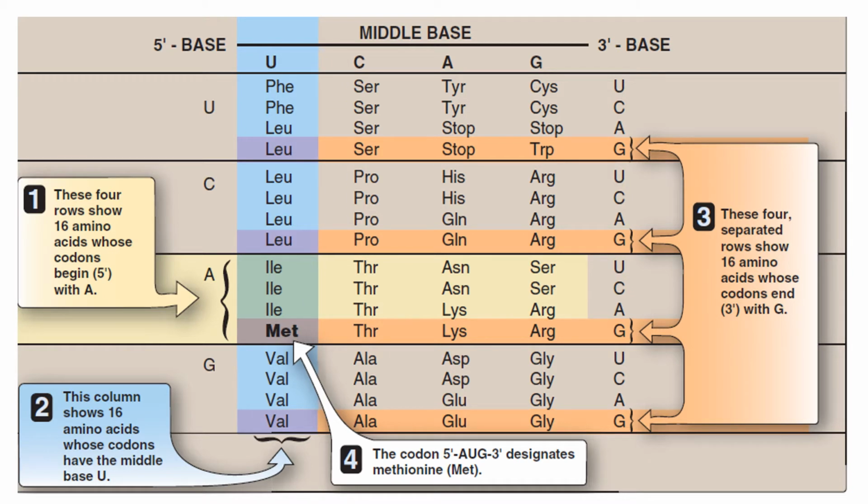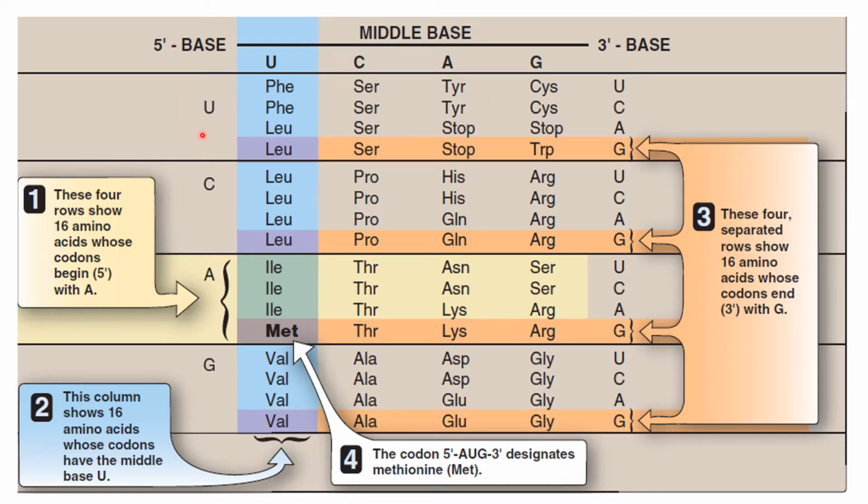This one is the genetic code. These nitrogenous bases form the start or the first letter of the codon. These nitrogenous bases form the second letter of the codon, and these form the third letter of the codon. And with the combination of these letters, U forms the codon.